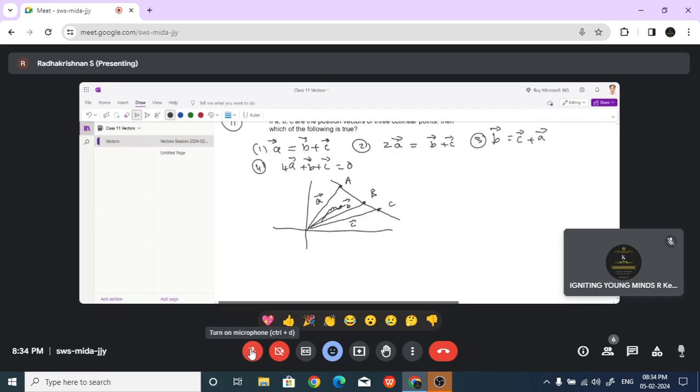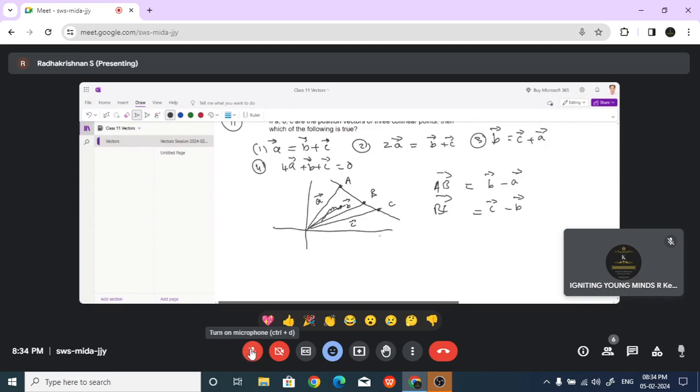See, so what is your AB? AB equal to B minus A. Right? AB equal to B minus A. And similarly, BC equal to C minus B.